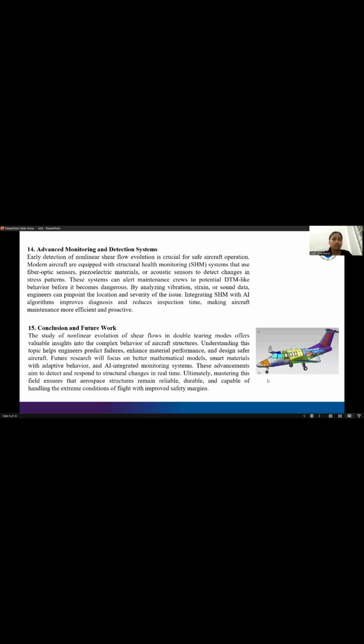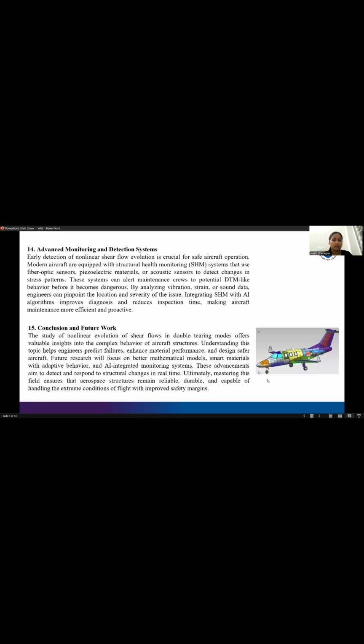Conclusion. For the conclusion and future work, studying nonlinear evolution of shear flow in double tearing modes offers valuable insights into the complex behavior of aircraft structures. Understanding this topic helps engineers predict failures, enhance material performance, and design safer aircraft.